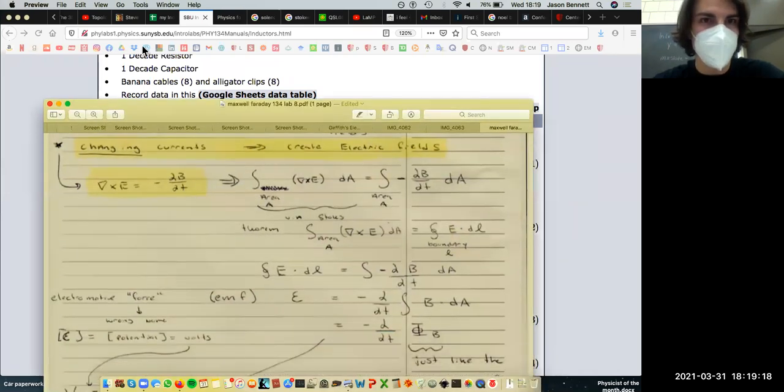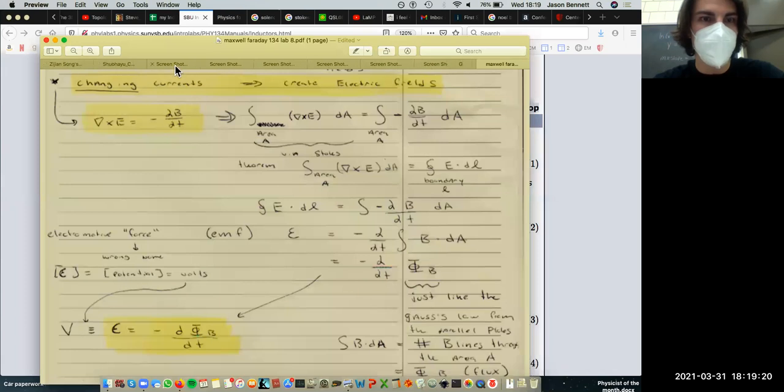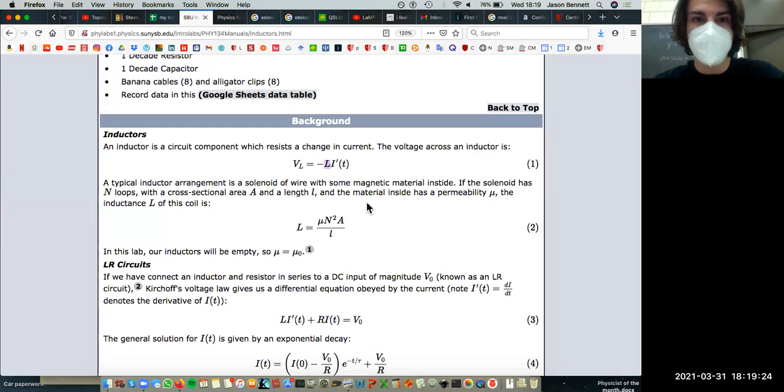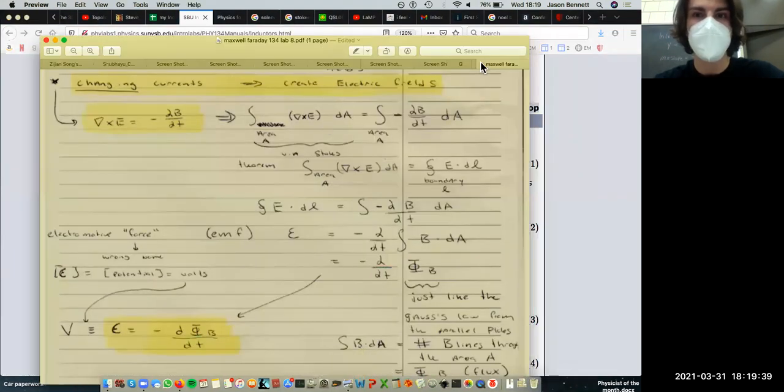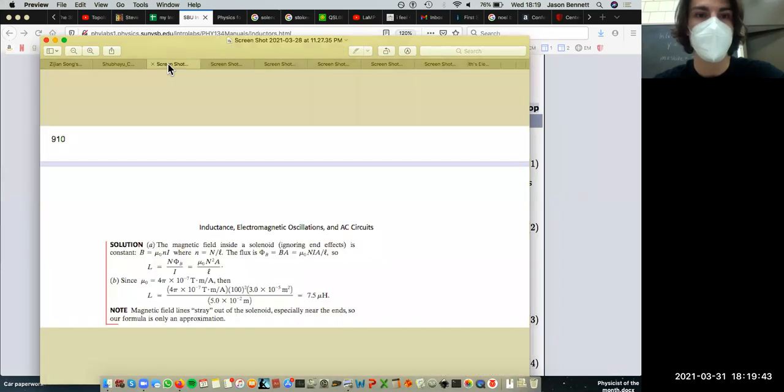In particular, I'll point to what I found really helpful this week, which was what Rich mentions in the resources. This chapter 30 of Giancoli is phenomenal. I usually don't refer back to that book because I think Griffiths or Purcell electromagnetism books work better, but this one was very good.